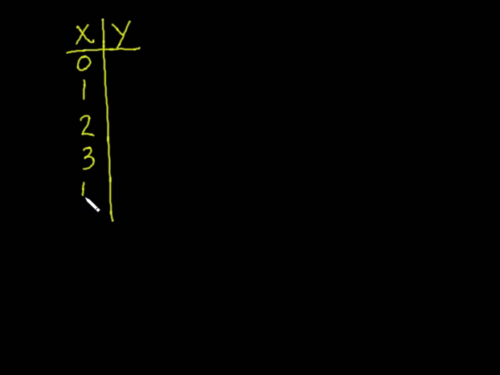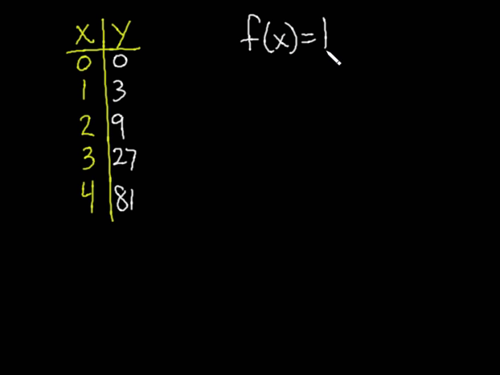Now I'll do one more, just so we can see. So I got x, I got y, and let's say this one I got 0, 3, 9, 27, and 81. Now that I've already told you this, you can probably figure out what it is, but let's pretend you don't know. Basically, we're just trying to figure out what b is.